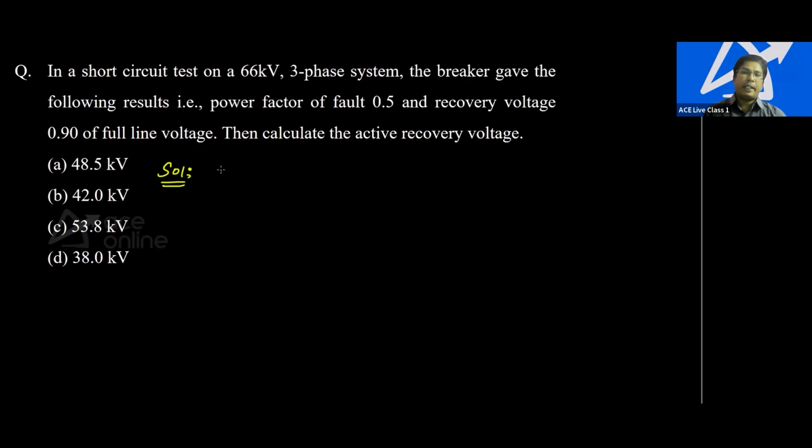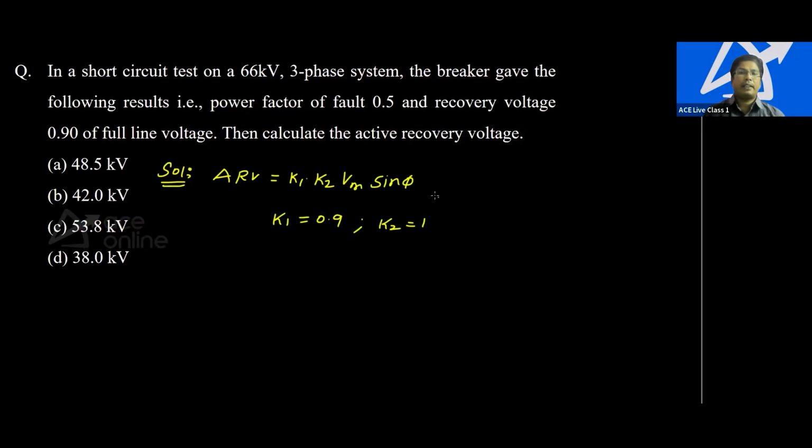What is the active recovery voltage formula? The active recovery voltage is nothing but some constant K1, K2, Vm sin phi. So in the question, K1 it is given as 0.9. There is no information about K2. We can take K2 as 1.